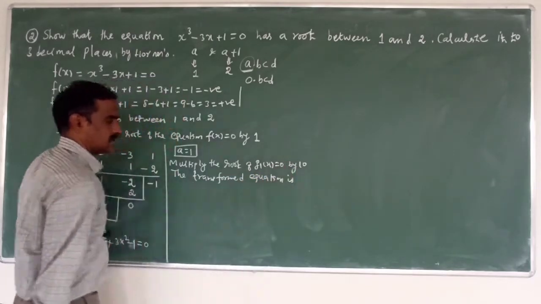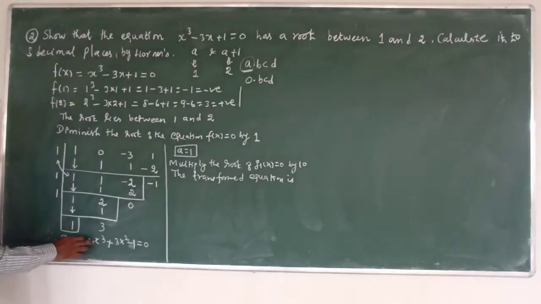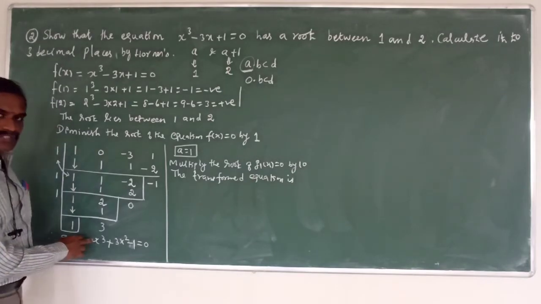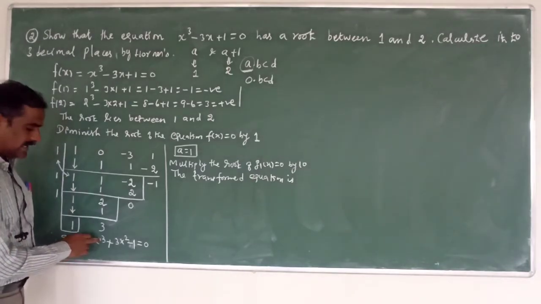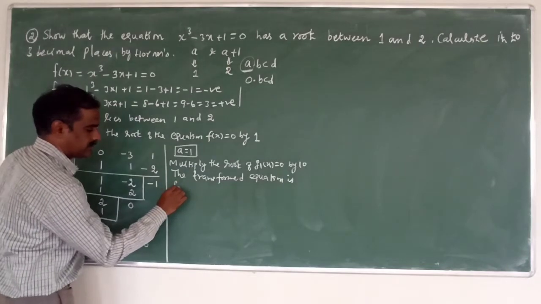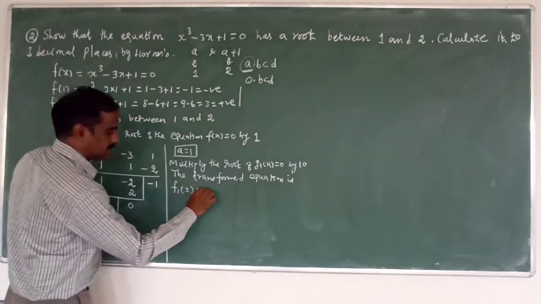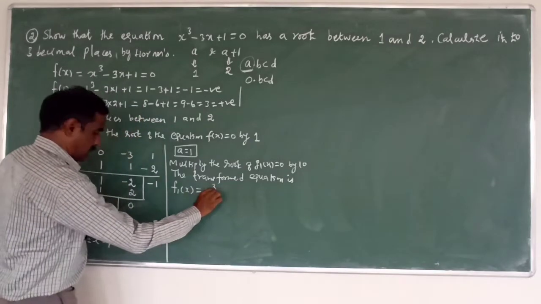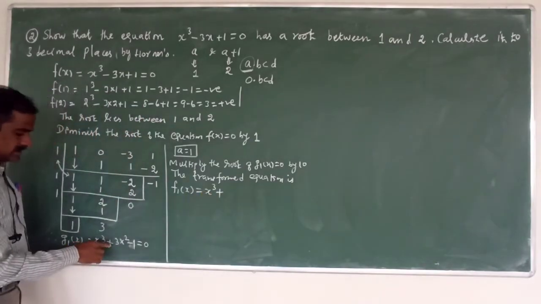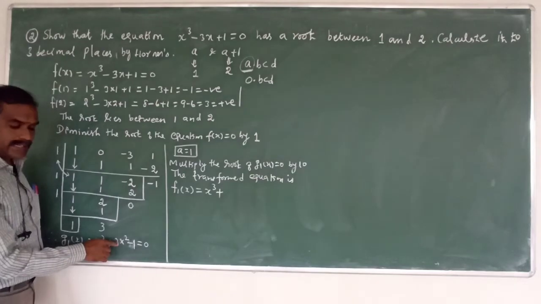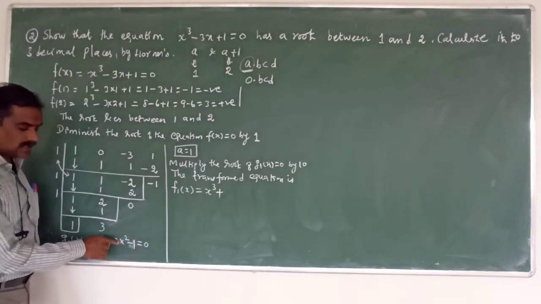Now multiply by 10 power 0. 10 power 0 means 1. 1 into x cube. That is, for f1 of x, it is x cube plus, here 10 power 1. 10 power 1 means 10.